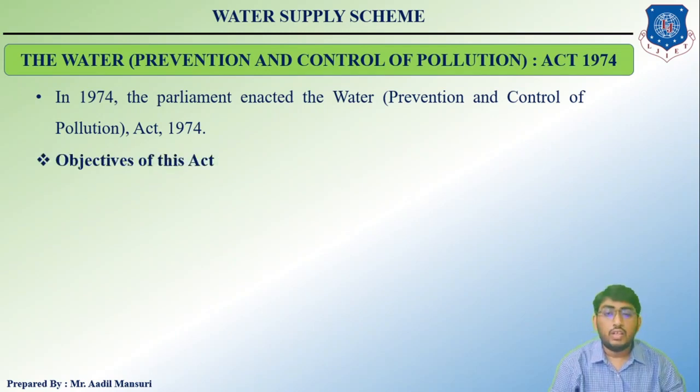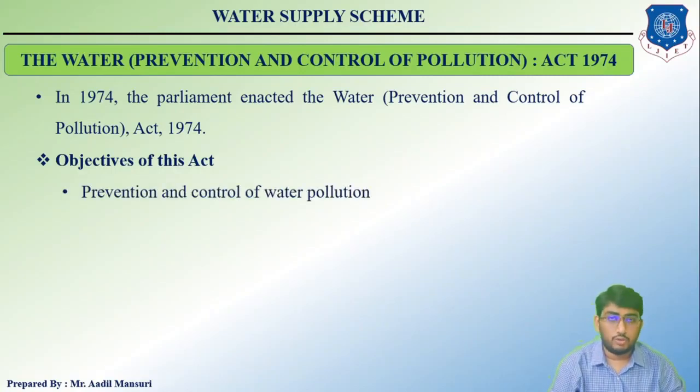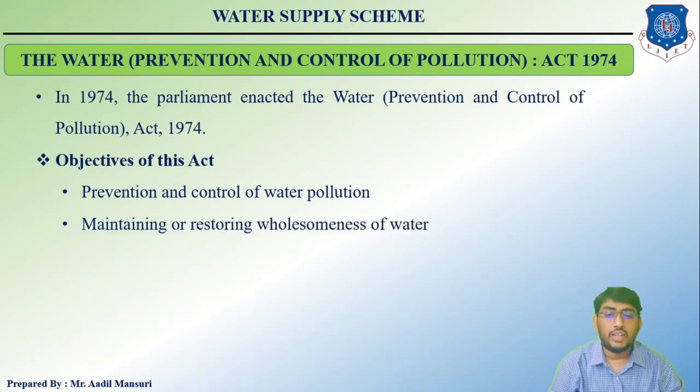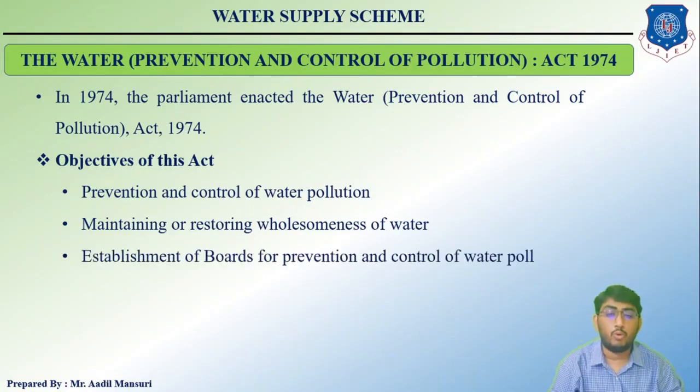Now talking about the objectives of this act: the first objective is the prevention and control of water pollution. Second, to maintain or restore wholesomeness of water. Then, establishment of boards for prevention and control of water pollution. So these are the three different objectives of this particular act.